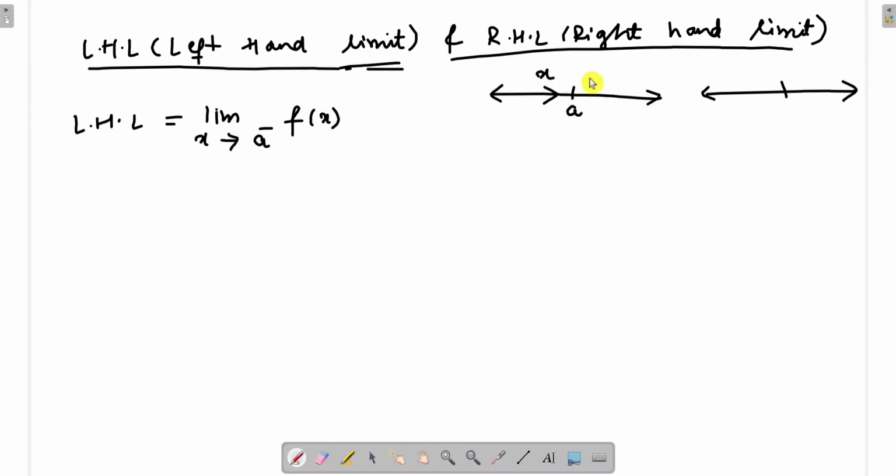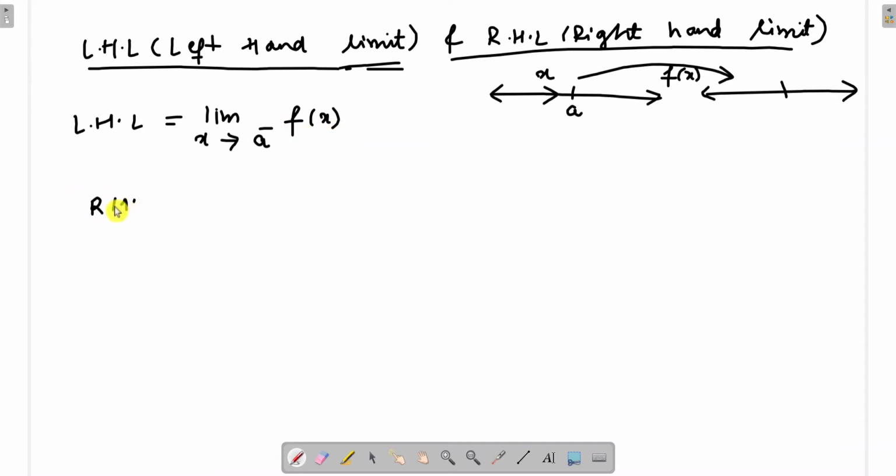This is the function f(x). So for the limit x tends to a minus of f(x), we are only looking at values of x which approach a from the left hand side. So the limit that you calculate is nothing but the left hand limit.